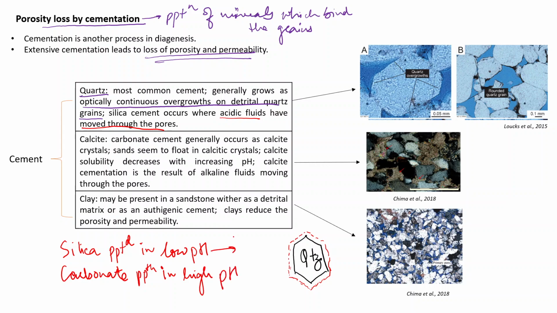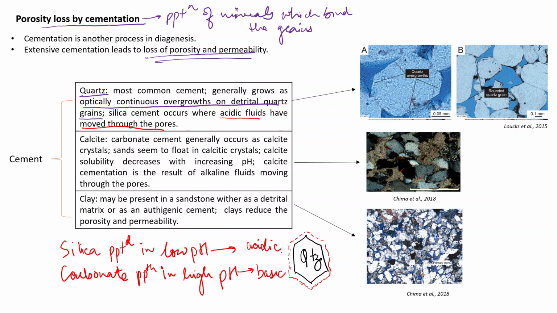So silica cement will normally be found where acidic solutions have moved through the pore spaces, while carbonate cement is found normally where basic or alkaline solution has moved through.